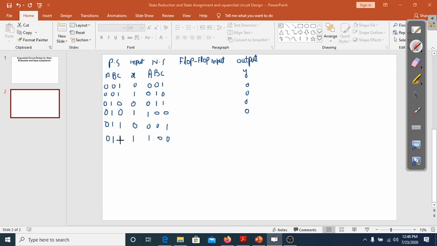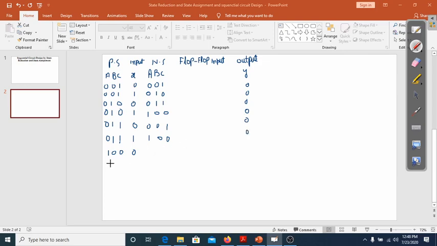When the present state was 1 0 0, the input was 0. In these two cases our output is 0 and 0.